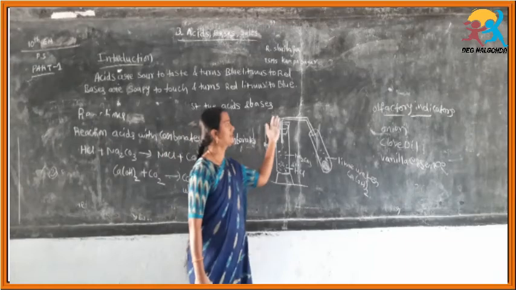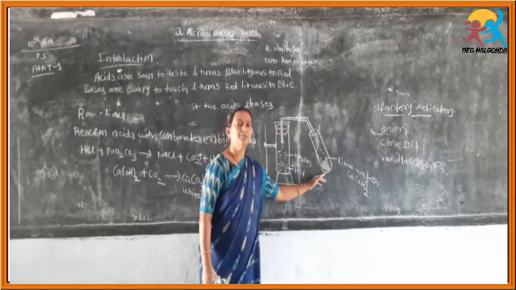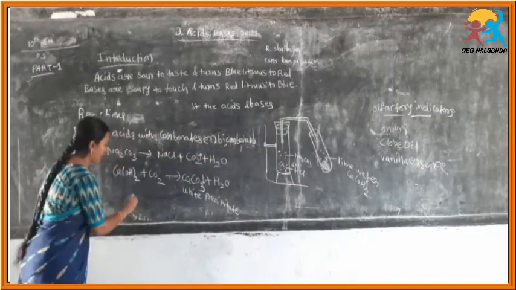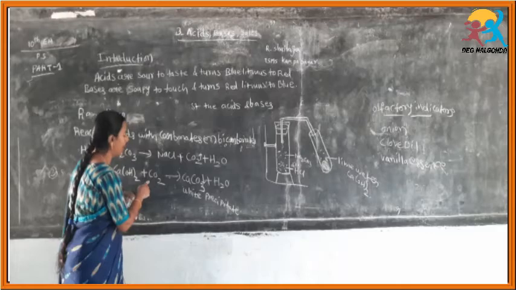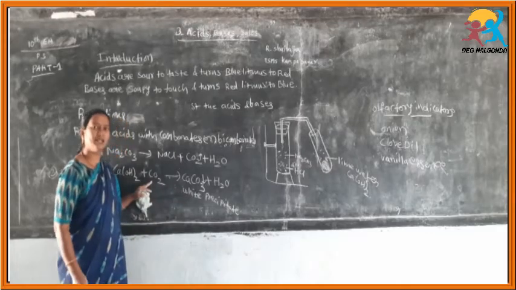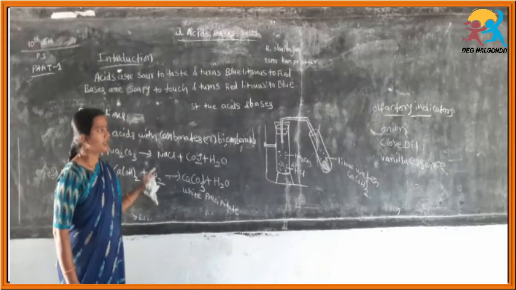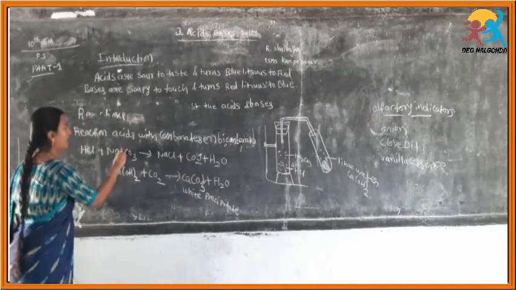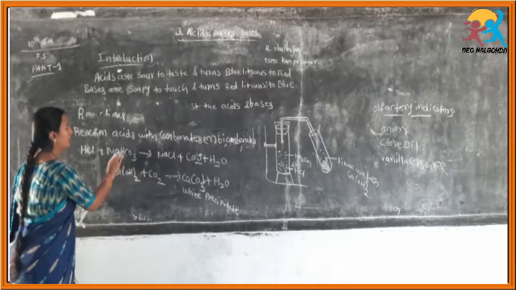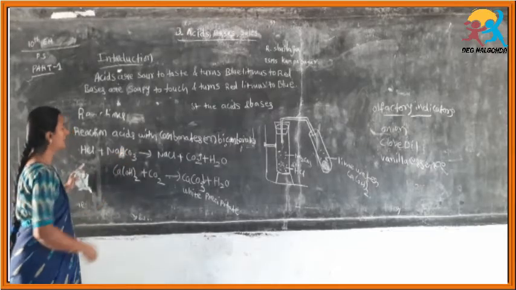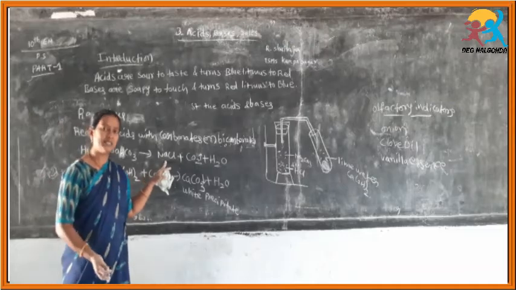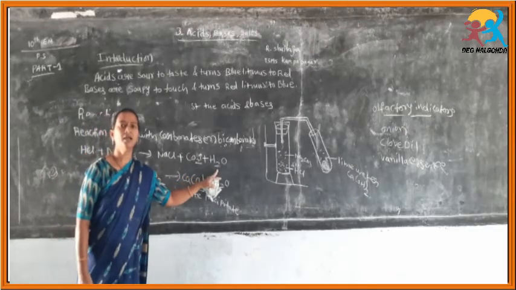If you pass excess carbon dioxide, this white precipitate further dissolves. Why? Because the calcium carbonate is further dissolved by excess carbon dioxide gas. Not only carbonates, bicarbonates also react with acids and give the same salt, carbon dioxide gas and water.